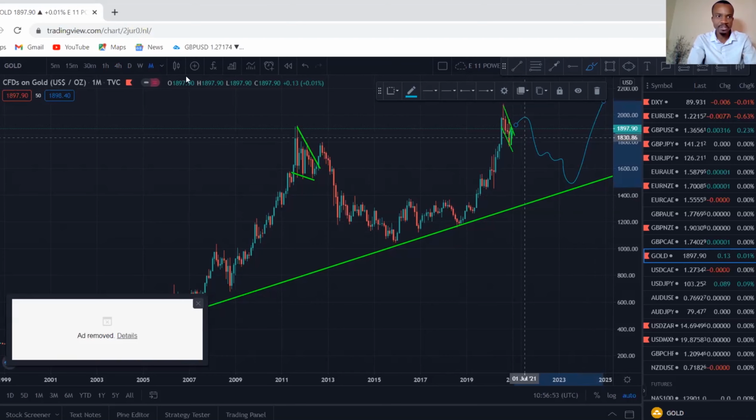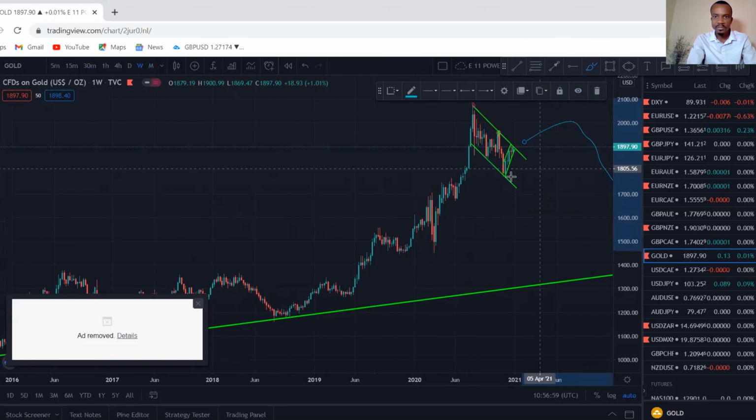So let's take a look at the weekly time frame. On the weekly time frame, as you can see, there's a first touch, a second touch, and there may be a third touch around this area.